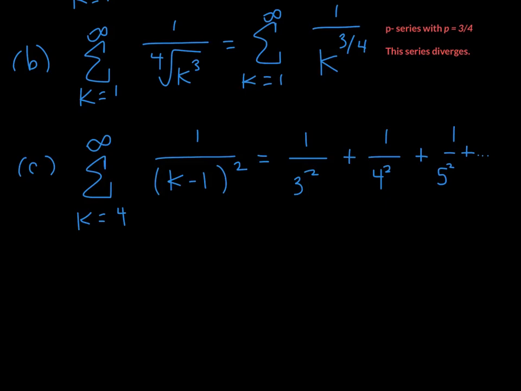I trust that we can see the pattern. So with that being said, can't we then rewrite this series as a p-series? Isn't this series then the same thing as 1 over k squared, but we'll just let k start with 3, because 1 over 3 squared plus 1 over 4 squared, and so forth.